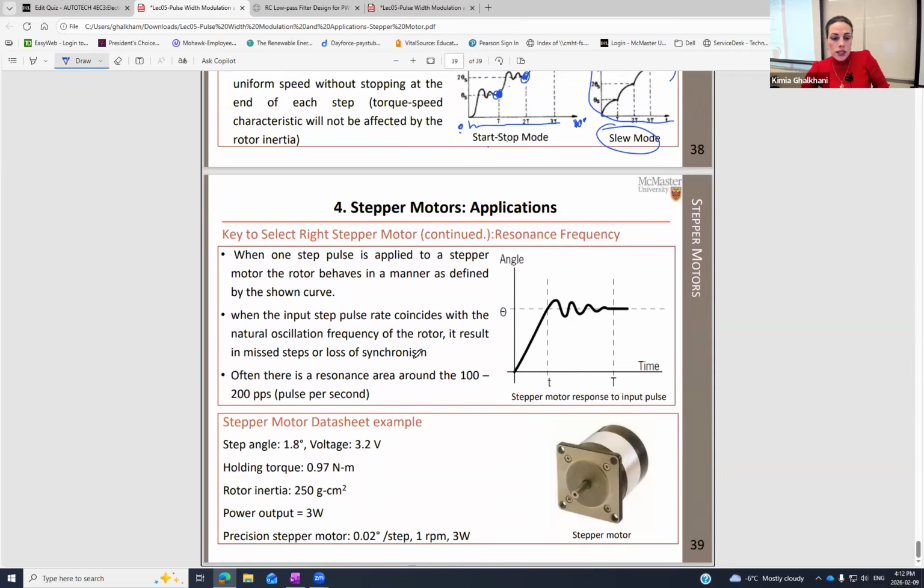And in here, you can see that in order to find the right stepper motor for any application, you need to consider the resonance area. It's better to have it between 100 to 200 pulses per second, which simply means the accuracy.